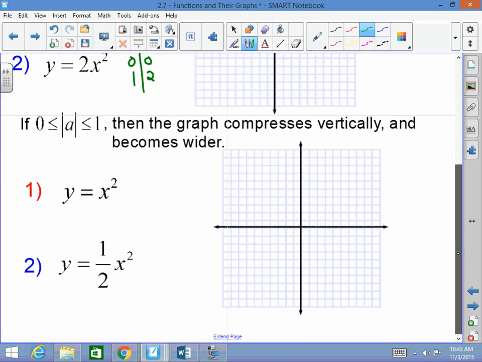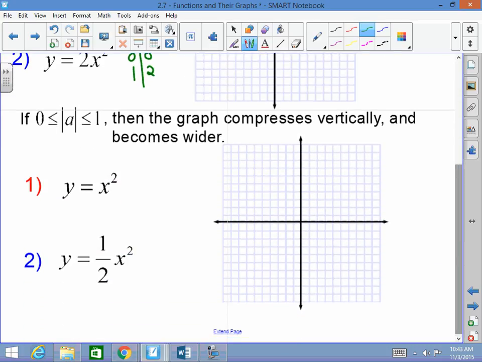Now, if the absolute value of A, regardless of if it's positive or negative, that's why it's absolute value, is between 0 and 1, in other words, if it's a fraction or a decimal, you're going to have what's called a vertical compression. That means it's going to become wider.